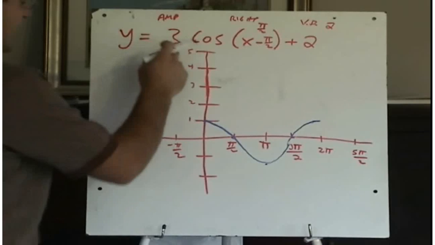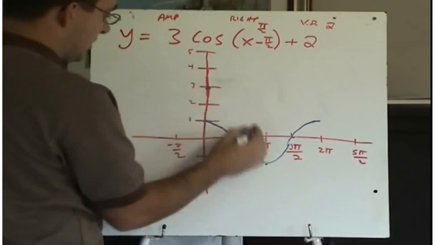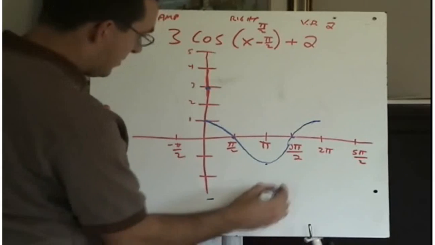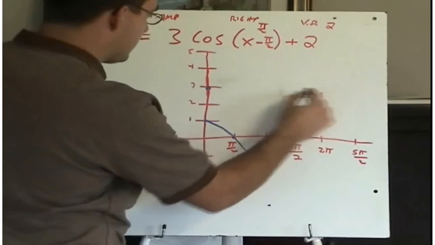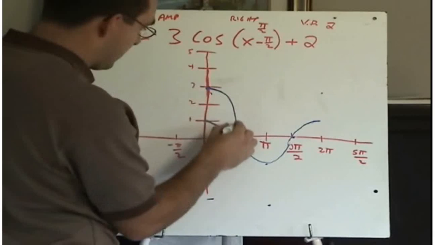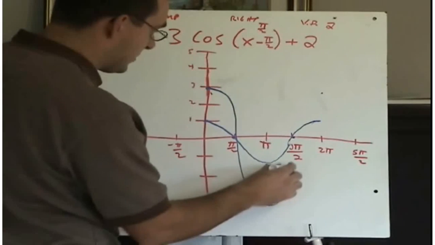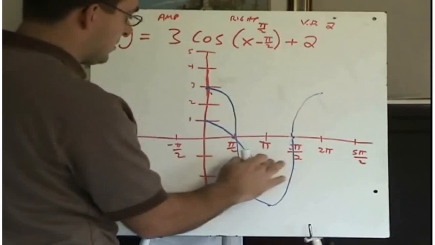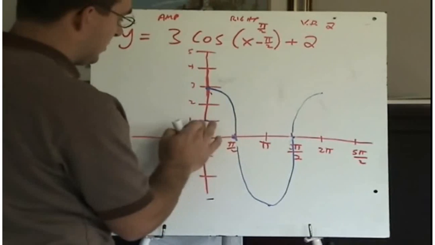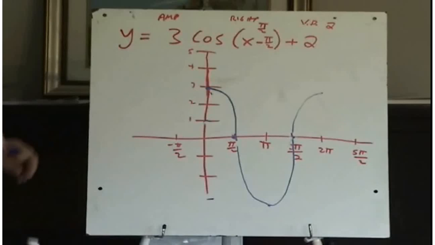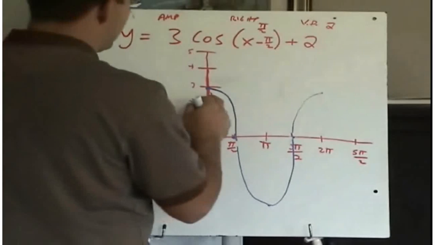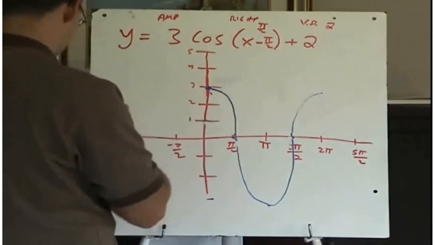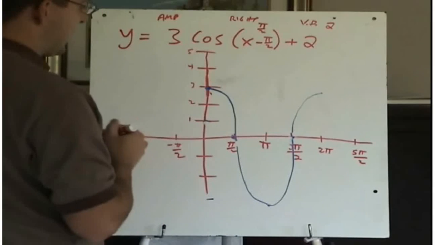This needs to have an amplitude of 3, so we will vertically expand by a factor of 3, which gives us this graph. So here's a cosine graph with an amplitude of 3. Then we need to take this and move it right pi over 2 and move it up 2.